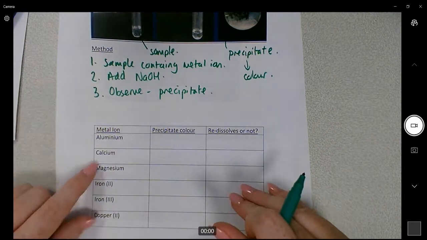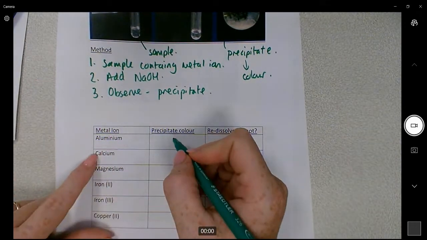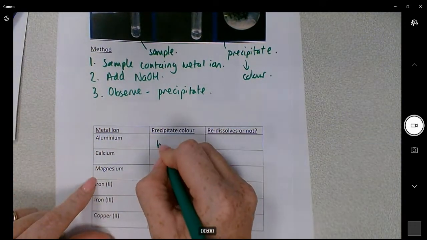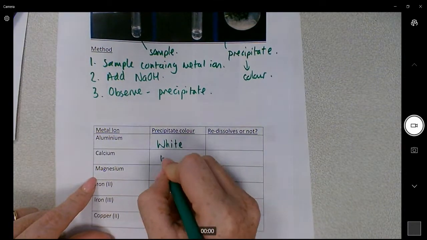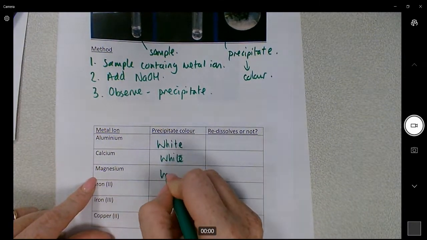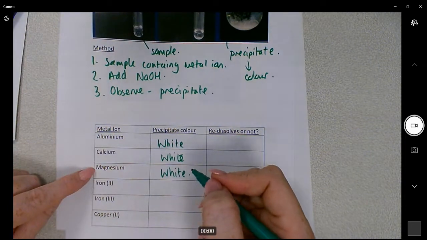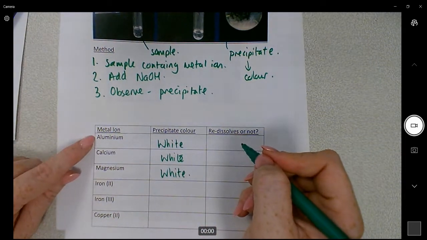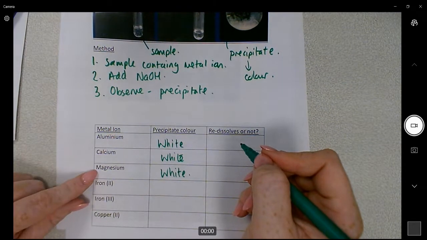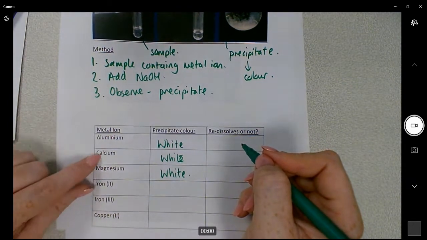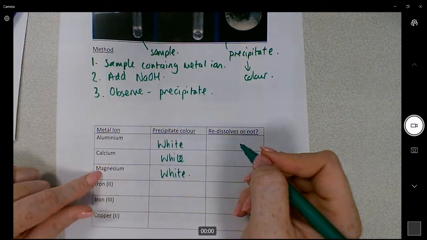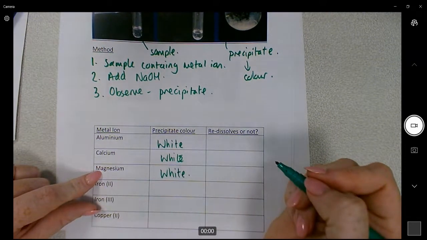So we're going to go through the different types of coloured ions and then whether or not it would redissolve or not. So aluminium, calcium and magnesium, they form white precipitates. Can you see how they are all the metals that are in fact within the groups of the periodic table? So aluminium is in group 3, calcium group 2, magnesium group 2. So the ones that are in the groups of the periodic table all form a white precipitate.